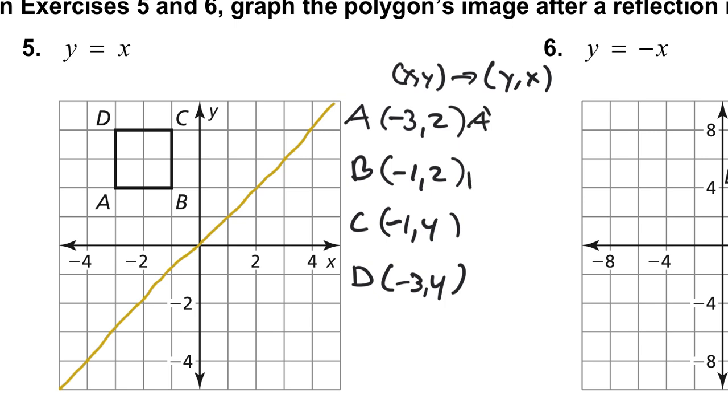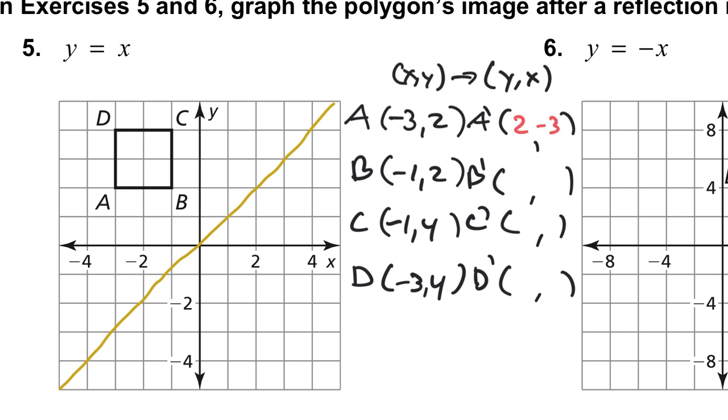So now I can find A prime, B prime, C prime, and D prime by just swapping my X and Y values. So if I swap these, A prime becomes 2, -3, B prime becomes 2, -1, C prime becomes 4, -1, and D prime becomes 4, -3.